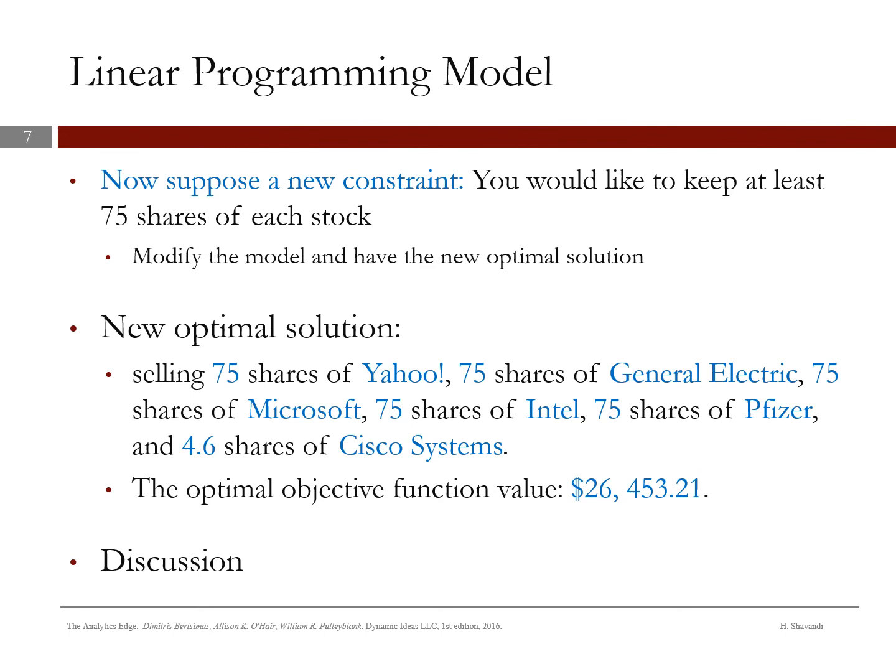If you remember, we had this constraint: xi, the number of shares of stock i we want to sell, would be a non-negative variable and also less than or equal to 150, right? So now we need to change this constraint by modifying 150 to be 75, okay?